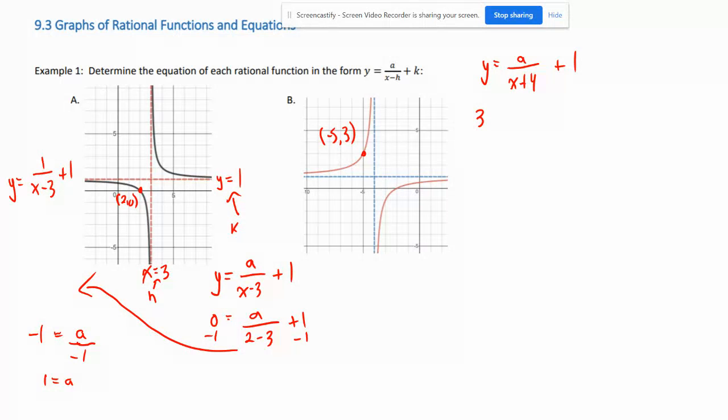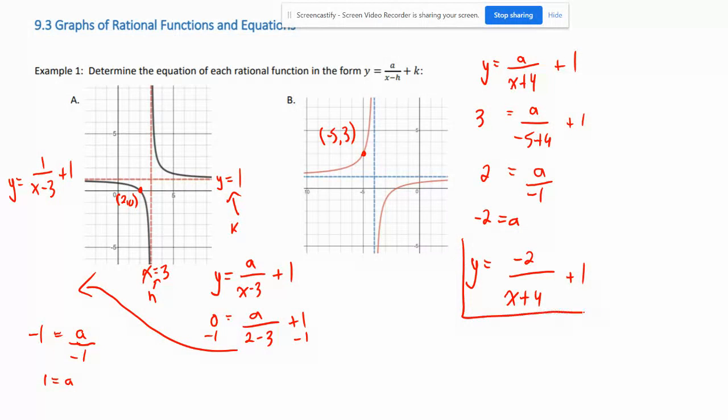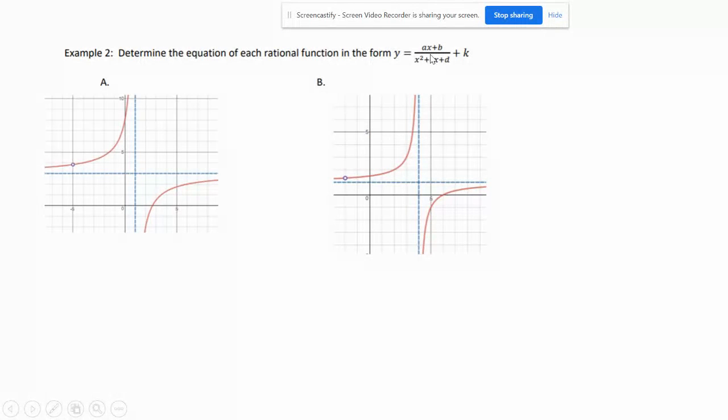So we have 3 equals a over -5 plus 4, plus 1. That means 2 equals a over -1. Multiply both sides by -1, and we get -2 equals a. So our equation can be y equals -2 over x plus 4, plus 1. And this is our equation for this rational function over here.